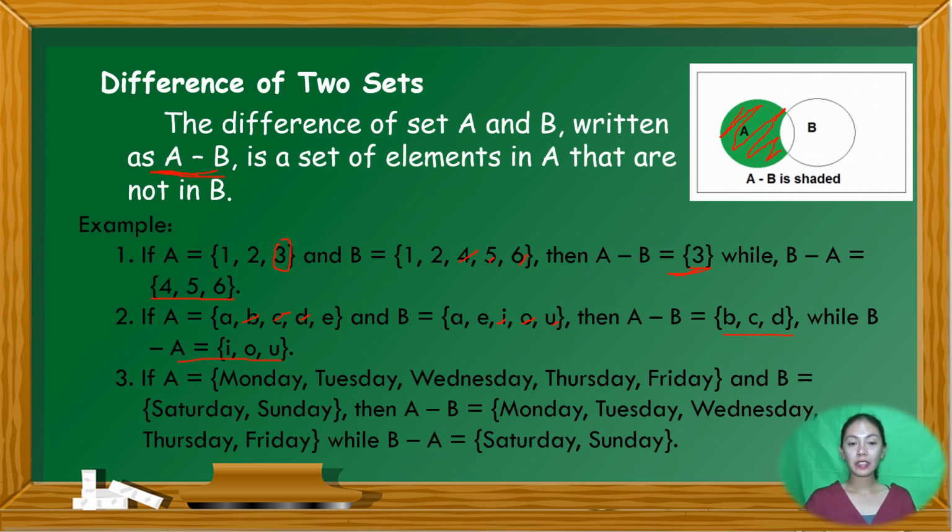In set A and in set B, so write all the elements in set A. Mauna ang difference ni A minus B. So Monday, Tuesday, Wednesday, Thursday, and Friday. So while B minus A, no? Since again, wala ang pinagkapariha, so just copy the elements in B, and that is B minus A.